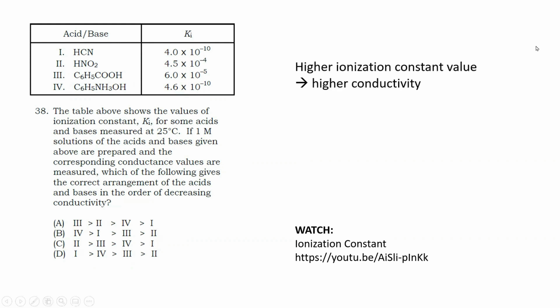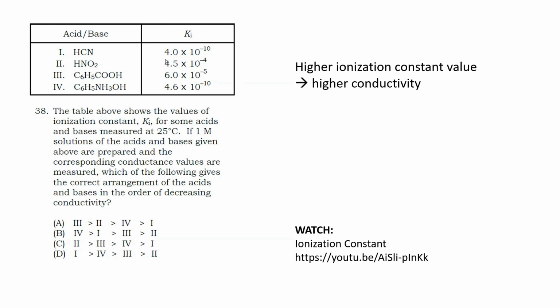Para madaling maalala, tandaan nyo lang to, kapag higher ionization constant value, mas mataas din yung conductivity niya. Kasi pareho lang naman yung temperature and concentration ng acid or base solution. So for this one, hanapin mo yung pinakamataas muna since decreasing conductivity.